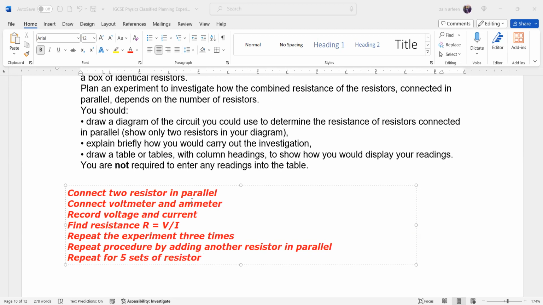Like first we have 2 in parallel, then 3 in parallel, then 4 in parallel. So we repeat for 5 sets of results. Then draw a table or tables with a column heading. Column heading means it should have units.